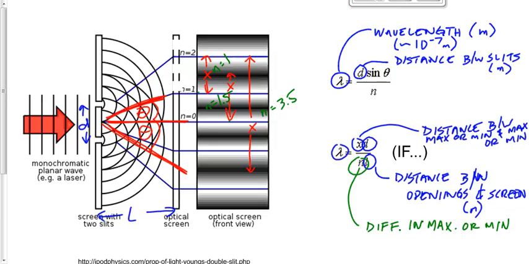It's kind of the same as x. It can be measured to whatever we want, to the second order minimum or to the fourth order maximum. But unlike x, it has to be measured from the central maximum. X can be measured from or to whatever we want. Theta can be measured to whatever we want, but it always has to come from the central maximum.